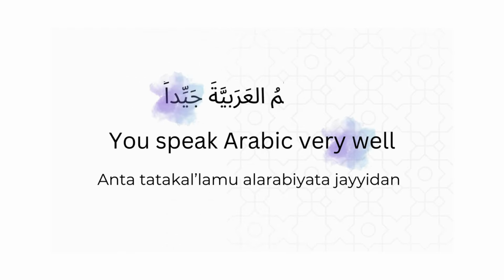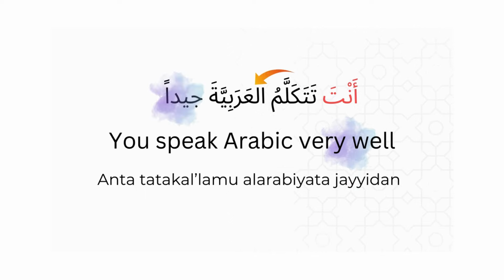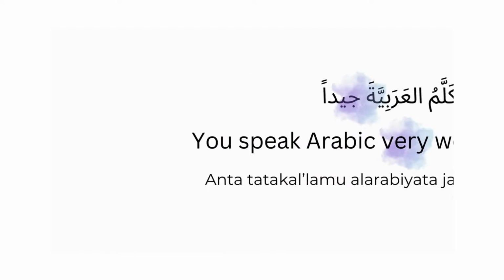أنت تتكلم العربية جيدا. Repeat after me. أنت تتكلم العربية جيدا. And جيدا means very well. If you remember from previous lessons, we always have to hook the sound from the meem to العربية.